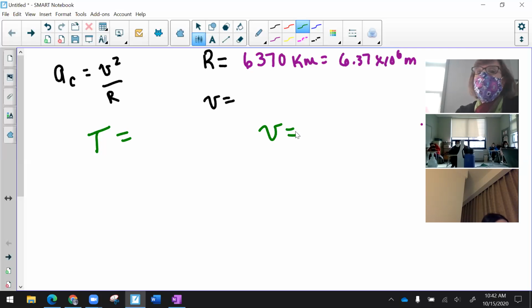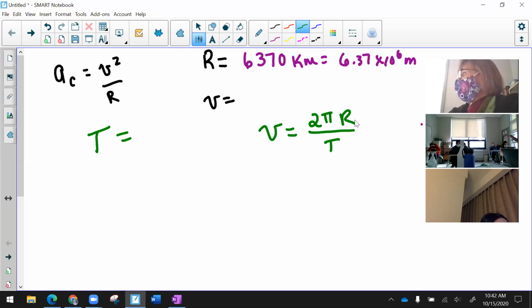Then you can take the time or the period and use that as your time and your distance. And what's my distance? Okay, so it's going to be the circumference, which is 2 pi r. So yeah, finding the period now and converting it to seconds is going to make sense, but I didn't want to go through all of that if I didn't know it was going to help me.